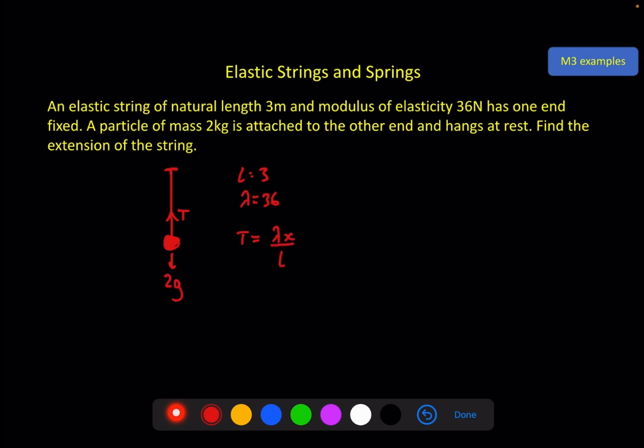To do that, we need to find T first. We can do that by resolving vertically. Here we've got T minus 2g must equal 0 because it's not moving vertically, so T must equal 2g. Now we can use Hooke's law, where T is equal to lambda x over L, putting in the things we know: 2g is equal to 36x divided by 3.